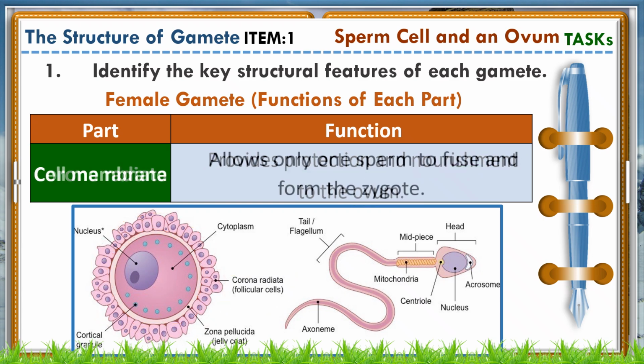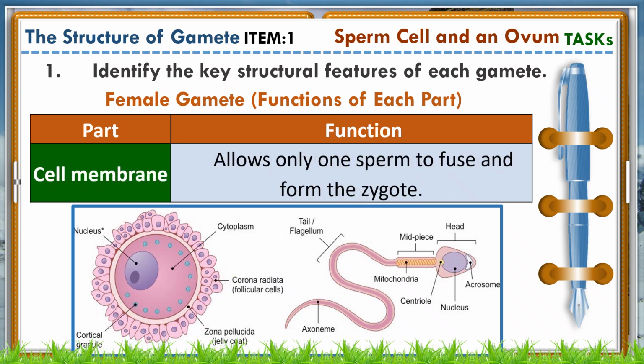Then we have another part, the cell membrane. The cell membrane is a very small layer which surrounds the cytoplasm inside the zona pellucida.